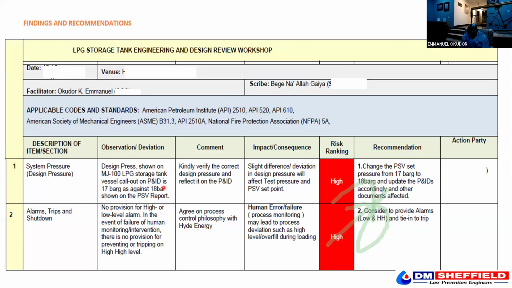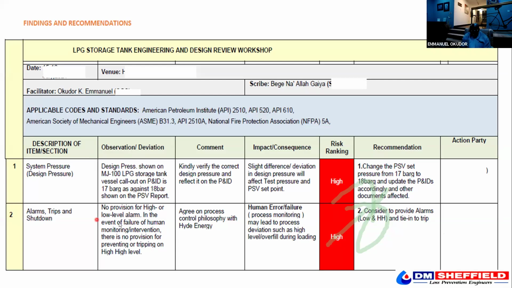Otherwise, as an independent facilitator designer, I'm going to make reference to the codes and standards that say set your relief valve at your design pressure. So we need to get this right. So we are designing based on your philosophy and based on best industry practices of codes and standards.